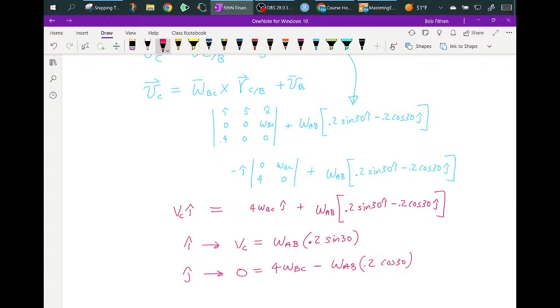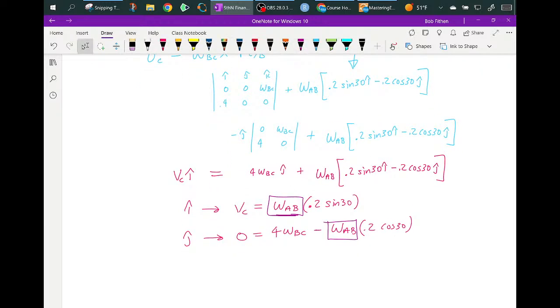Now we have to remember that this term would have been given, and so from the upper equation you can get your velocity. From the lower equation, you get the omega BC.